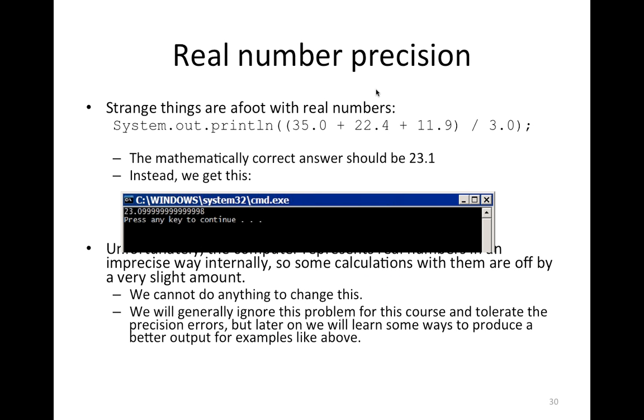Strange things are afoot with real numbers. Here, if you just add it up, the mathematically correct answer should be 23.1. But it gave us 23.0. It can be something to do with the truncations within it. If you do one decimal, it's going to be 23.1 itself.